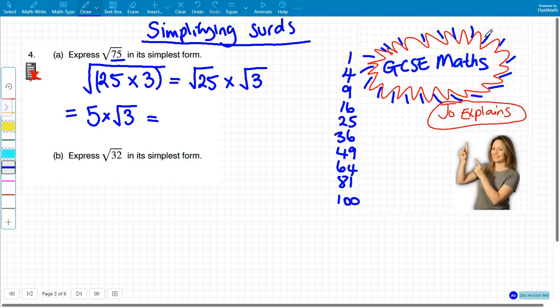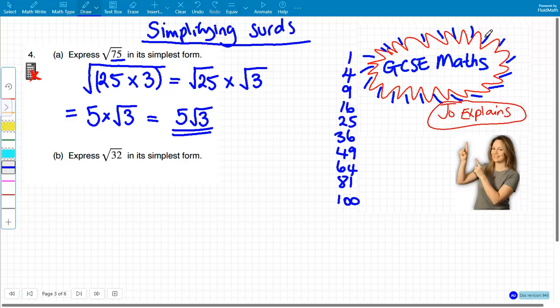So we don't need the times sign, so we can just say it's 5 lots of root 3. That is the simplest form for that value, and that is the same as root 75. If you do have a calculator, you can test this out by putting the square root of 75 into your calculator and pressing equals, and the calculator automatically simplifies it to this number.